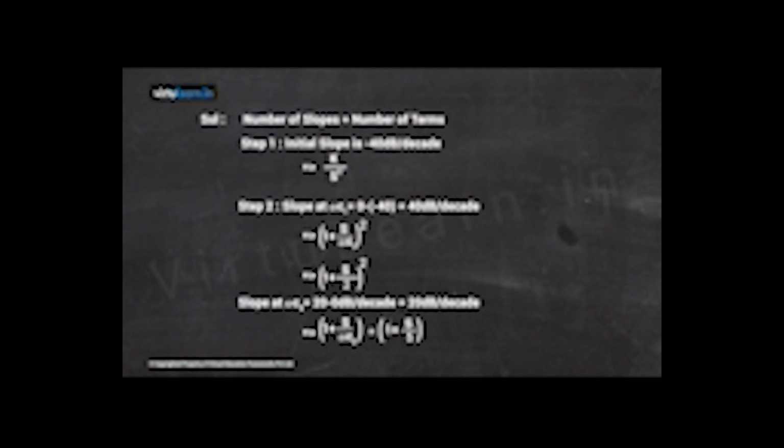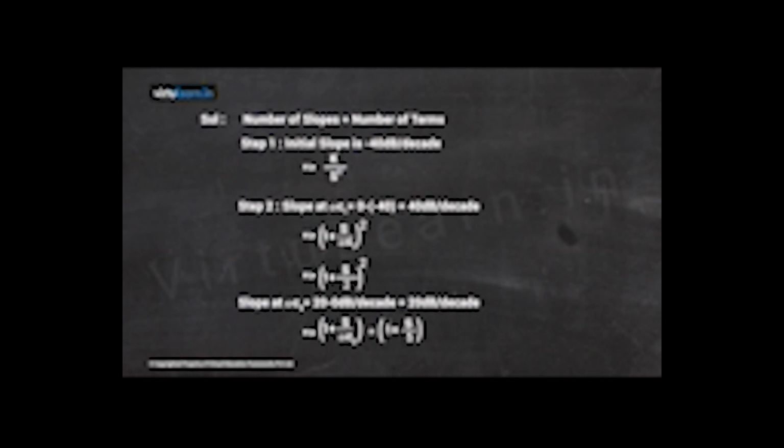Then in step 2, at each corner frequency we write next slope minus previous slope, so that I get the slope contribution at the corner frequency. Let us say omega c1 is 2 radian per second. I want to know the slope contribution at that particular corner frequency.